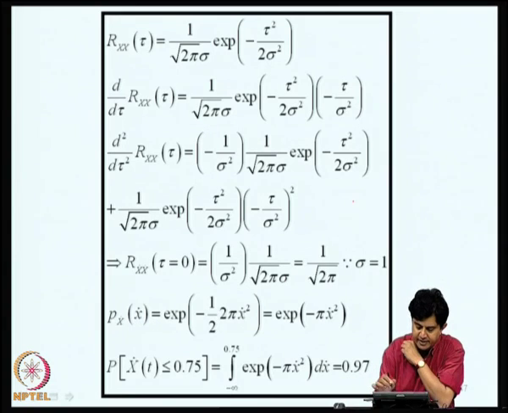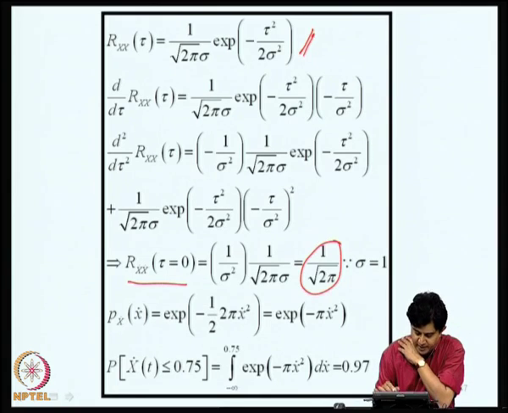Now, we can differentiate the autocovariance function and evaluate the various quantities at tau equal to 0. So, Rxx of 0 is 1, from this it follows. If you differentiate this twice, you get Rxx double dot, and if you put tau equal to 0, we get 1 by square root of 2 pi.